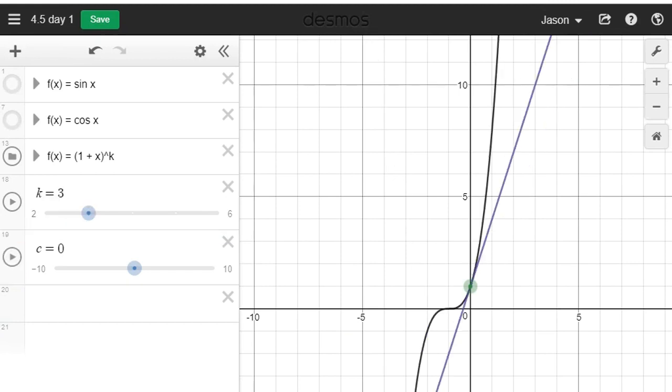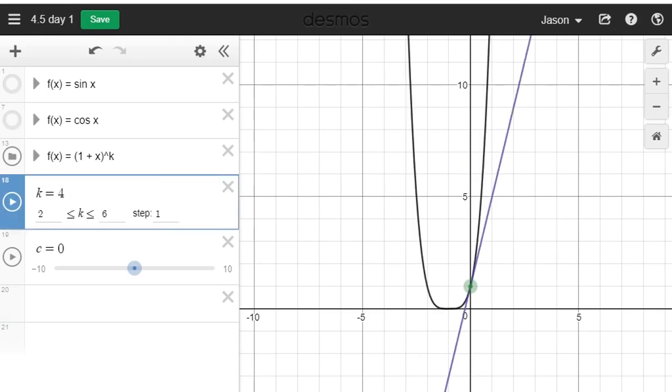If we move that to 3, notice that our linearization still has a y-intercept of 1, but now our slope is 3, and you can see that pretty clearly from the graph. If we move it to 4, it still has a y-intercept of 1, but the slope is 4. So that k then dictates what the slope of our linearization is.